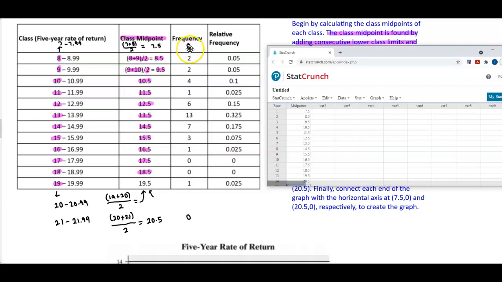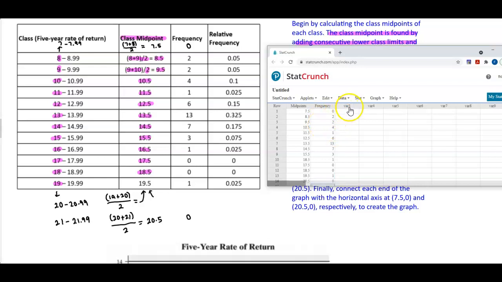Now remember the frequency for 7.5, and we're going to title this as frequency, okay, was 0. And then we have 2, 2, and then 4, and then 1. We have 6, 13, 7, 3, 1, 0, 0, 1, and then 0.